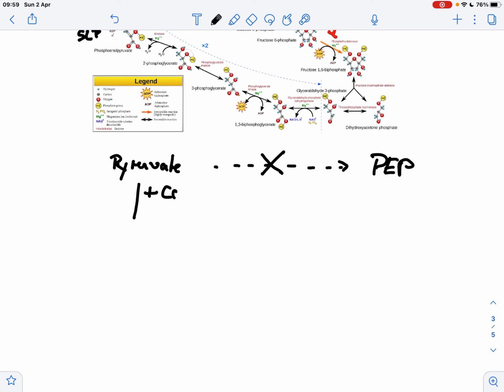We add carbon dioxide and we add ATP. And then with the help of a specific enzyme called pyruvate carboxylase, we do something that you probably won't expect.